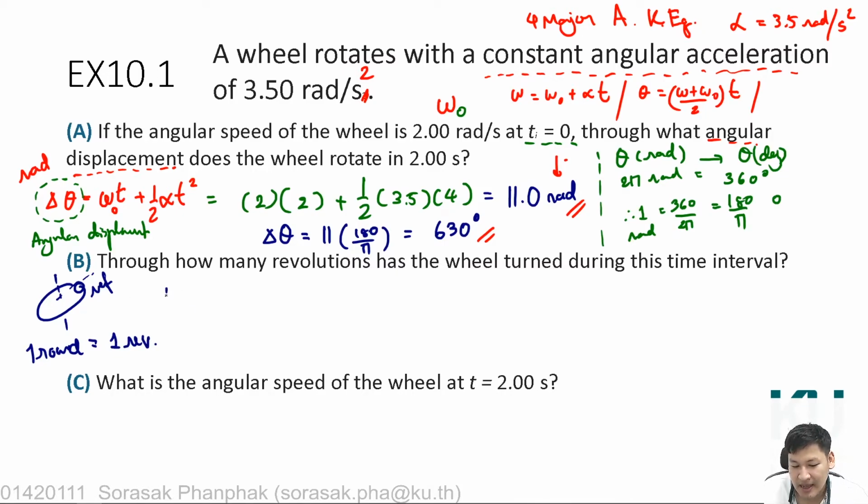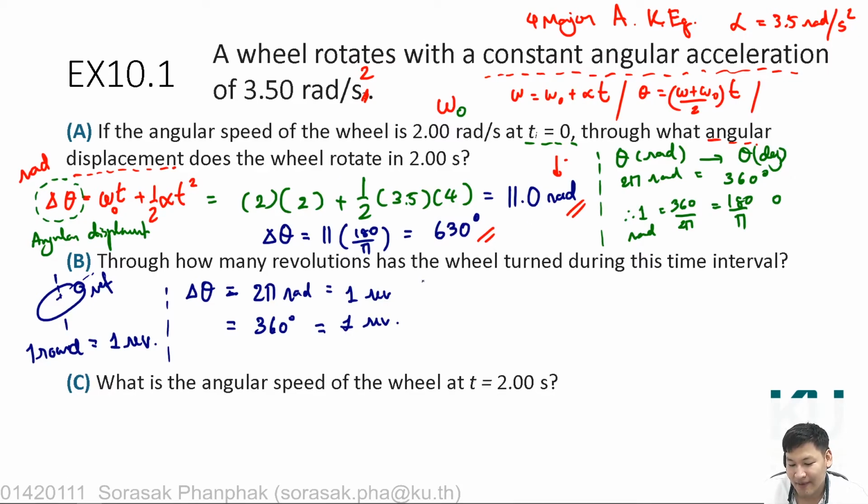That means if the displacement theta equals 2 pi in radians, it is 1 rev. Or if the displacement is equal to 360 degrees, it's also a rev.